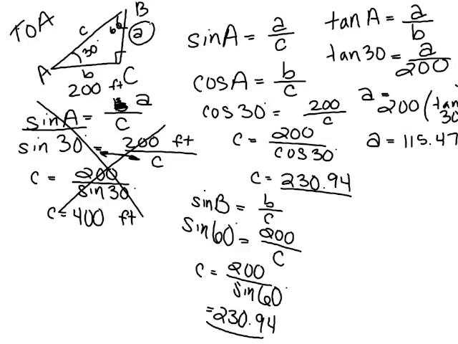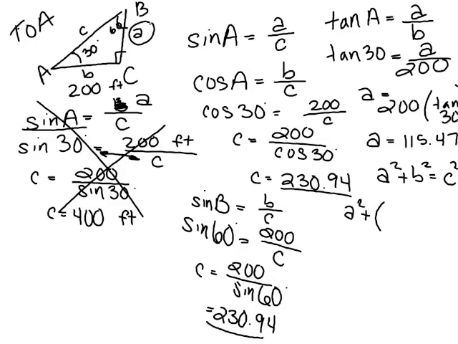Is there another way that we could verify that? Pythagorean theorem, okay. So tell me about that one, Eddie. A squared plus b squared equals c squared. So what are the values we're going to use? We're checking for a, so we don't know that one yet. A squared plus, what's our b squared?